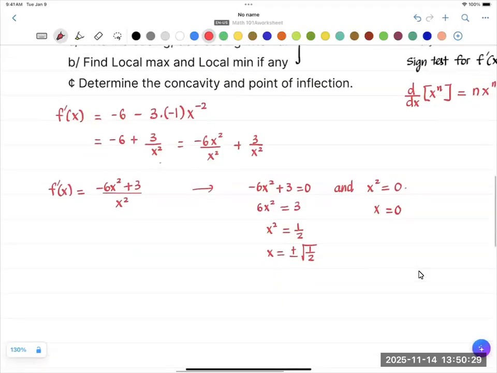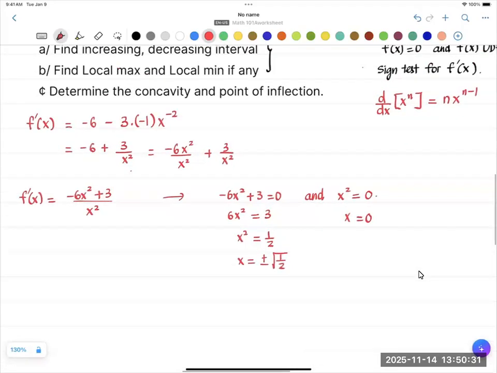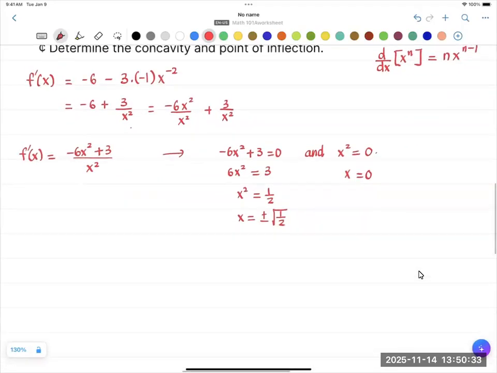Now the next step is that we have to do the sign test. So let's put everything together in the sign test. I will have negative root 1/2, 0, which we know is the vertical asymptote, and then the square root of 1/2. We're going to pick some test points. Since this is negative root of 1/2, I'm going to take negative 2.